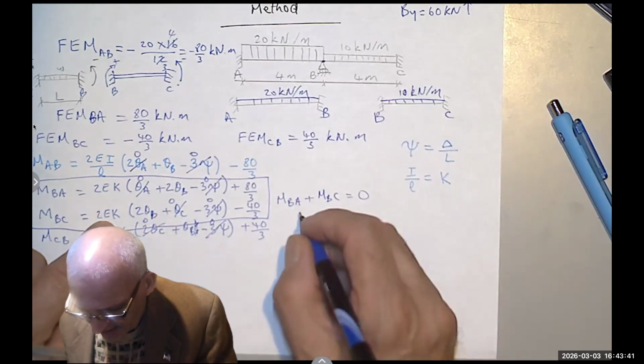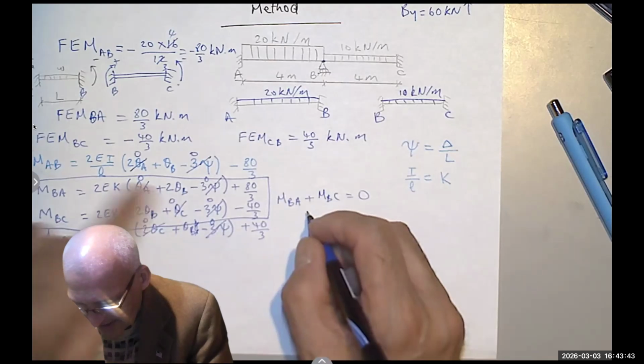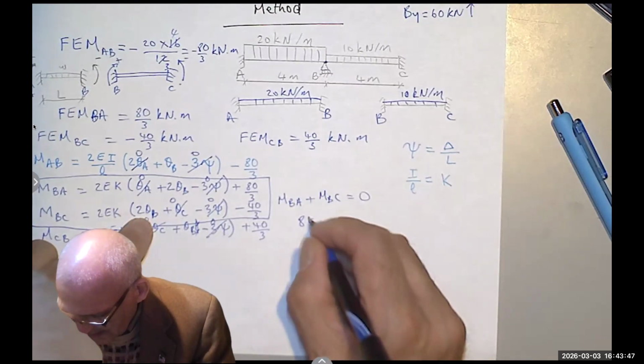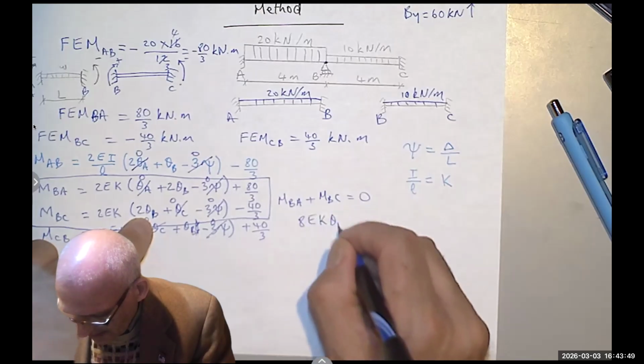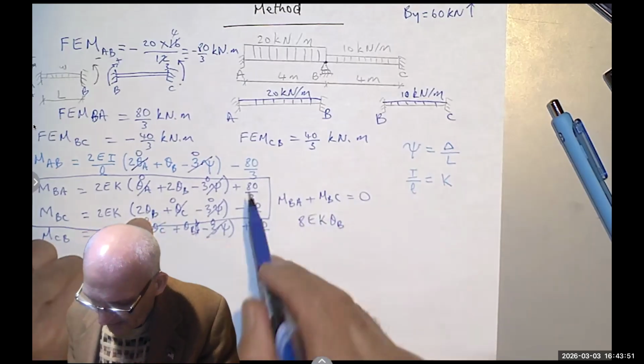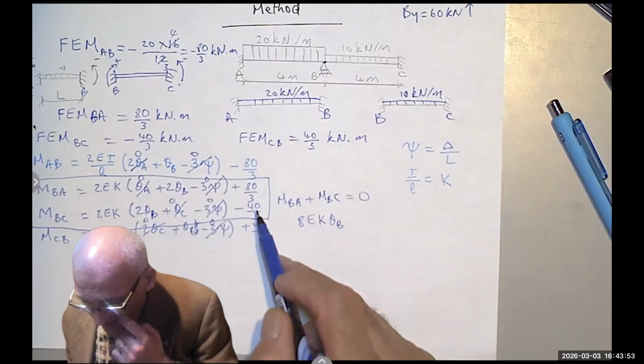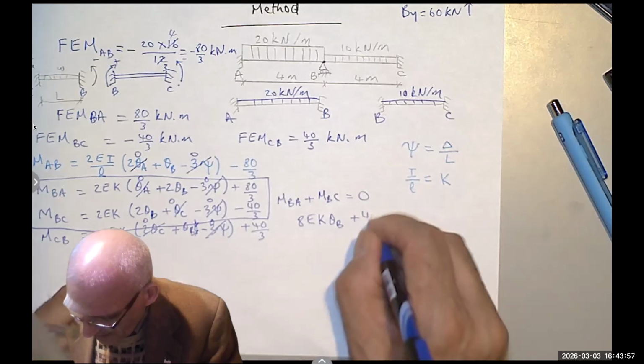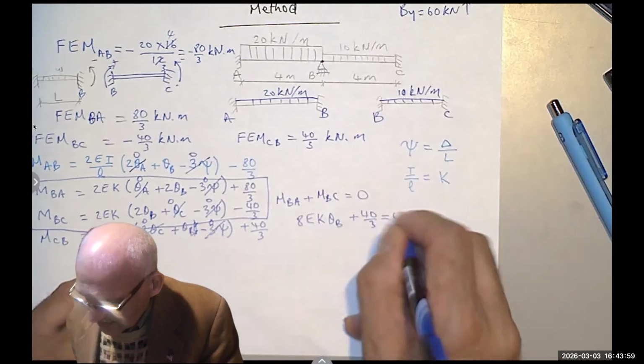So this is like 4EK theta B and 4, so they add up to 8EK theta B, plus 80 over 3 minus 40 over 3, which would be plus 40 thirds, equals 0.